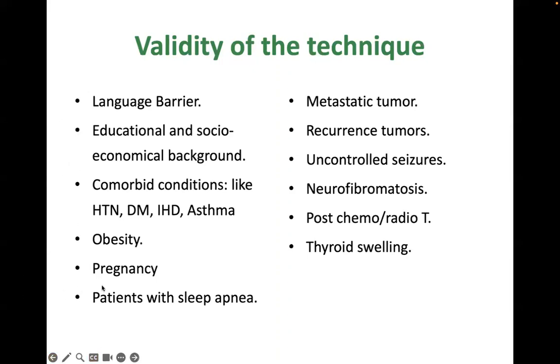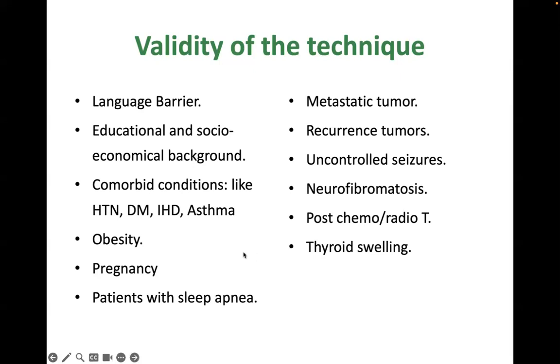depending upon your local experience. And a few days back I did an awake craniotomy in a patient having a huge thyroid swelling and a difficult airway also. But yes, we were able to manage with the awake throughout approach. For that patient, the lesion was a bit superficial. The resection was pretty straightforward, and we didn't use any sort of narcotic that would bring her respiratory status down.